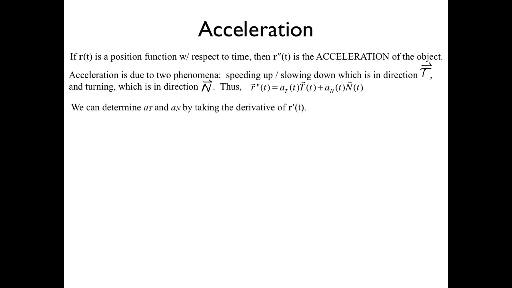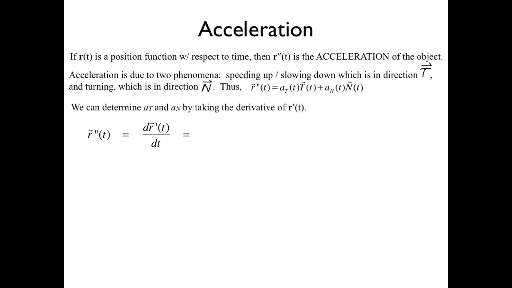Okay, so we can determine these two, a sub T and a sub N, by taking the derivative of r prime. If r is position, r prime is our velocity. By taking the derivative of velocity, we get these things that we want. So r double prime is the derivative of the velocity vector.